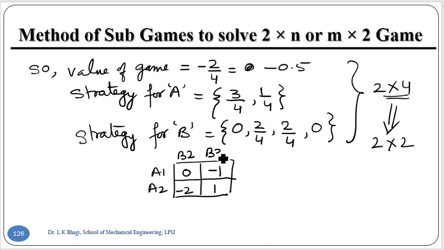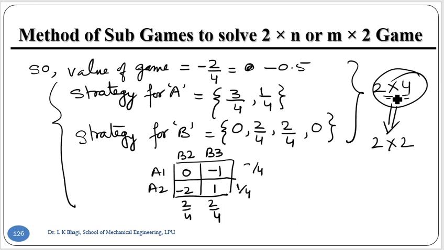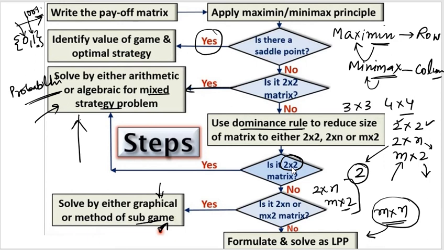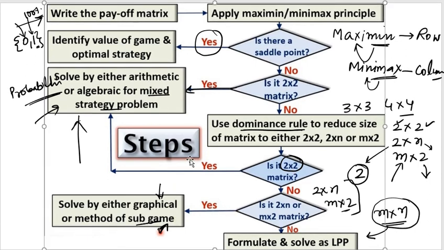I write the values over here: the value comes to be 3 by 4 and 1 by 4, and this side the value comes to be 2 by 4, 2 by 4, and this is the final solution for the 2 cross 2 problem. This is how we can reduce the 2 cross 4 game to the 2 cross 2 game, and this I have told you over here.